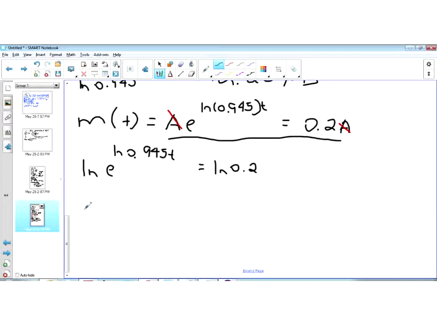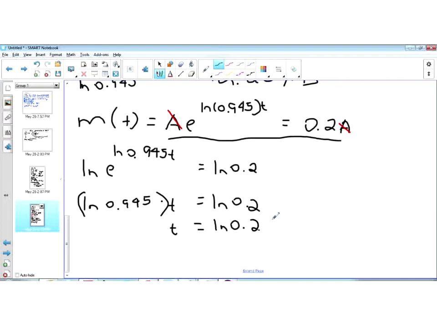The natural log of e to something is something, so we have the natural log of 0.945 times t. I keep thinking the t is in the natural log, but it's not. It's actually this, is equal to the natural log of 0.2, and then solving for t, just do the division.